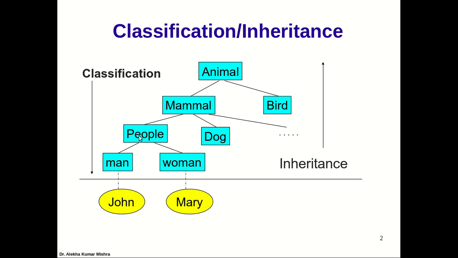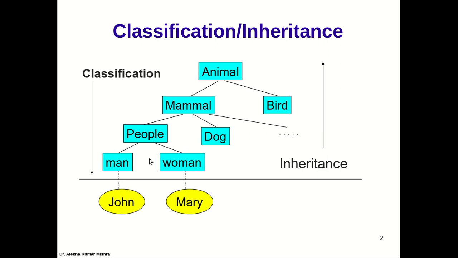Next is people. We are classifying people into two types, that is man and woman. Let's say John is a man, and Mary is a woman.